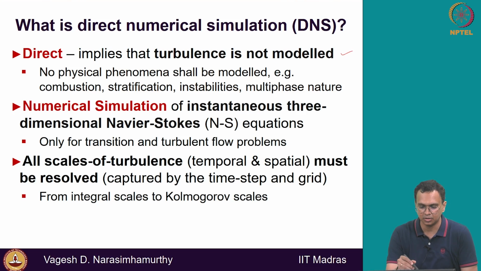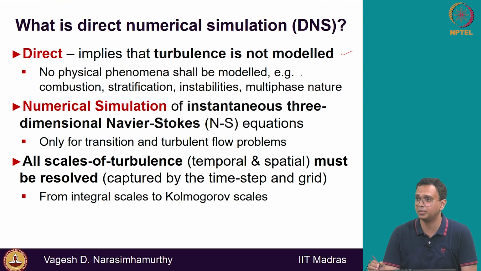For example, if you have turbulent combustion, heat transfer, hydrodynamic or thermal instabilities, or turbulent two-phase flows, whatever physical problem you have defined, it should be calculated using the Navier-Stokes equations. It's a system of three equations: conservation of mass, momentum and energy, which is sufficient to solve any of your problems. You must rely only on them. You should not do anything else other than using these three equations. That's why the name direct came into existence.